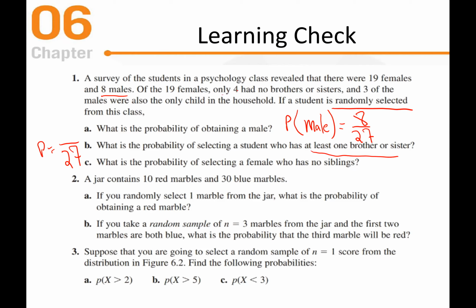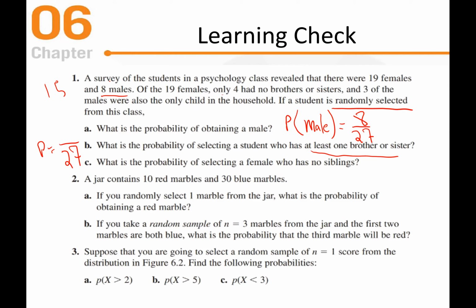So 19 minus 4 gives us 15 females who do have at least one brother or sister. And 3 of the males were also the only child in the household.